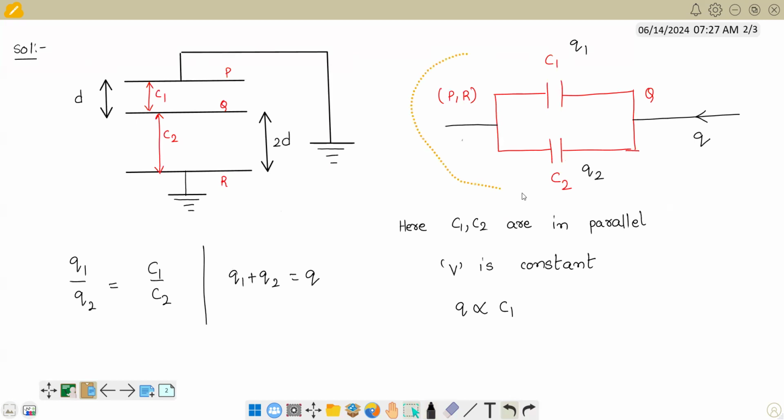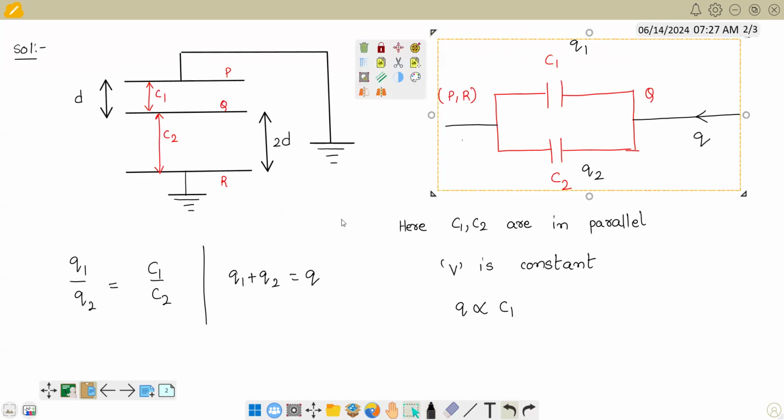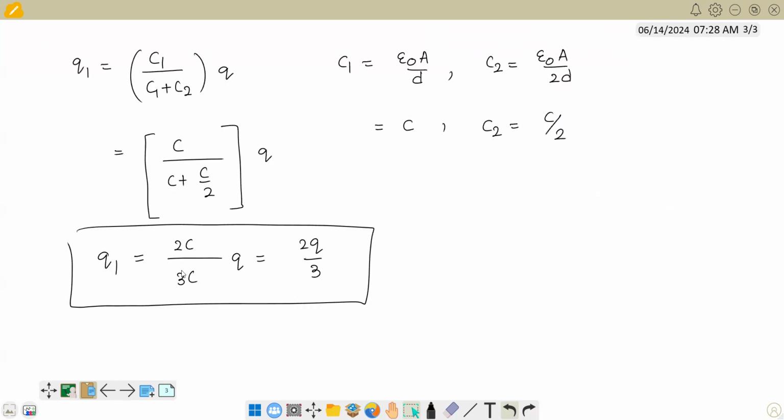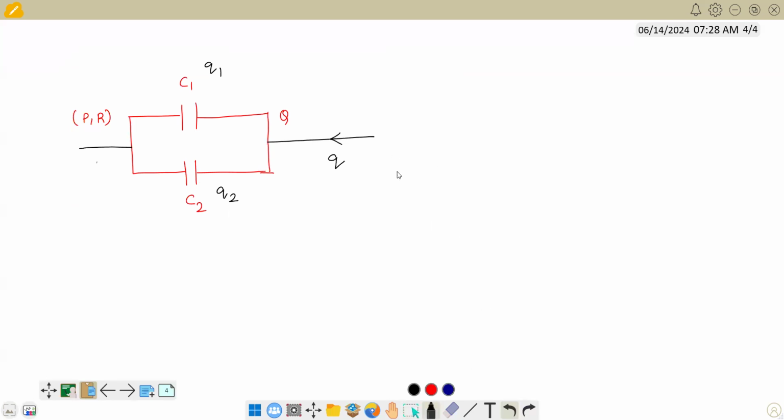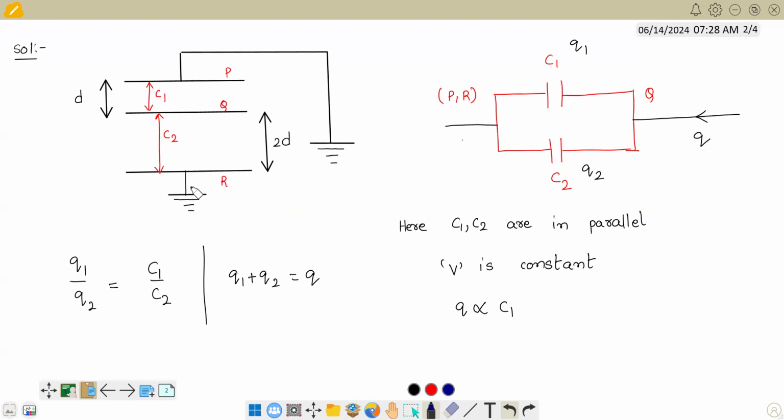So I'll take this diagram. We got this value as 2Q by 3. We got this value as Q by 3. Now what I will do is I want potential difference between this point and this point. I want potential of Q. If I want potential of Q, let me call X is the potential of Q, Y is the potential of P and R. From the diagram, we can clearly see they have been earthed.